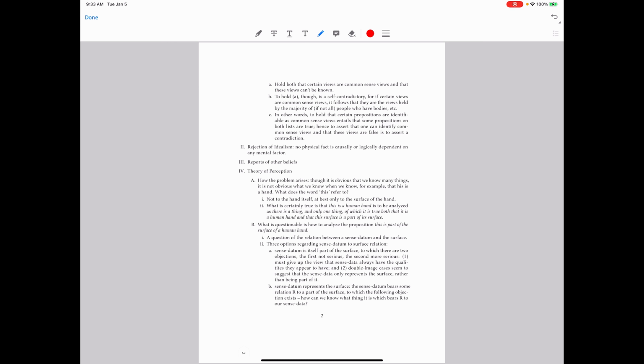What that forces Moore to take much more seriously than he had to this point is, how are we supposed to analyze the proposition, "this is a part of the surface of a human hand"? And he says, that's a question about the relation between a sense datum and the surface of the hand. This is one of the distinctive features of epistemology in the early part of the 20th century.